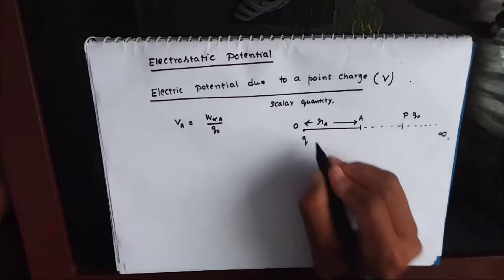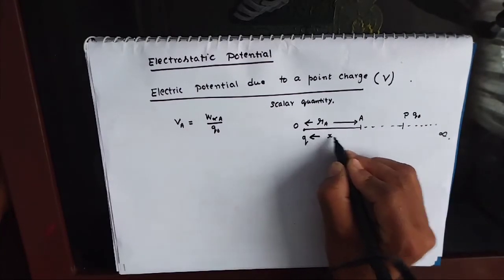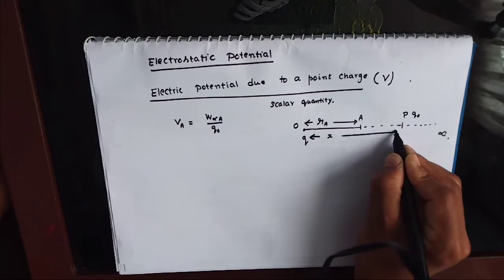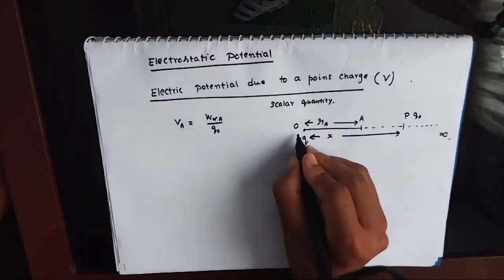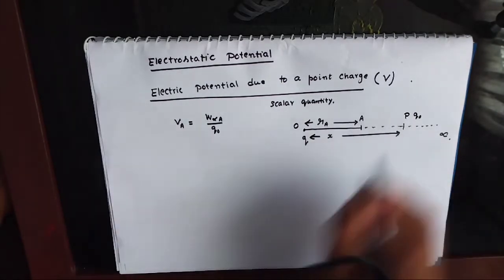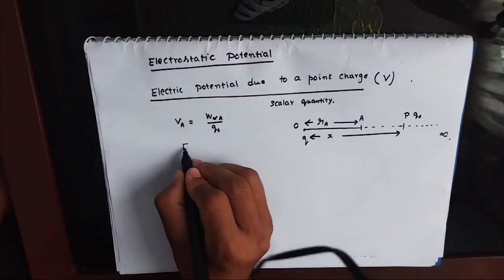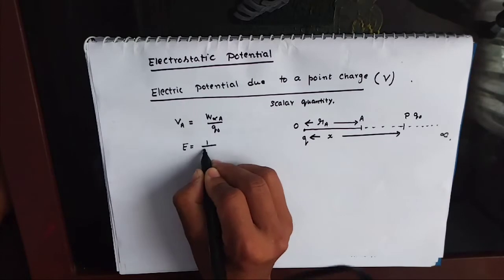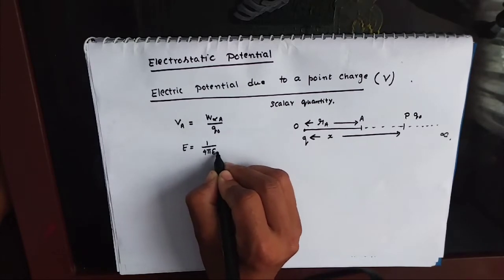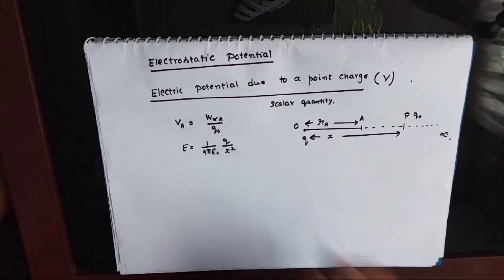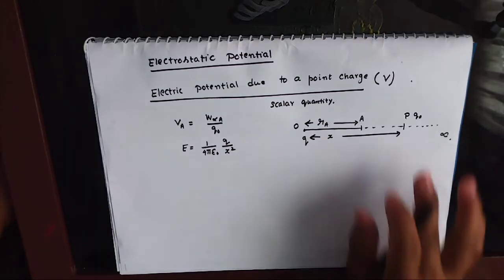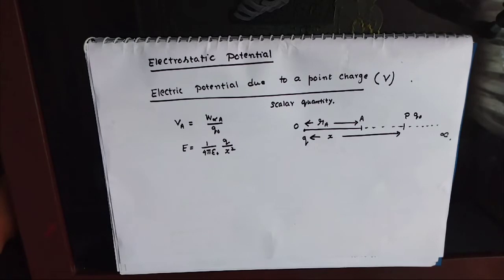So if this P is at a distance x from O, then what is the electric field at P? The electric field can be written as 1 by 4 pi epsilon naught, then Q divided by x square. So this is the electric field at a point P.